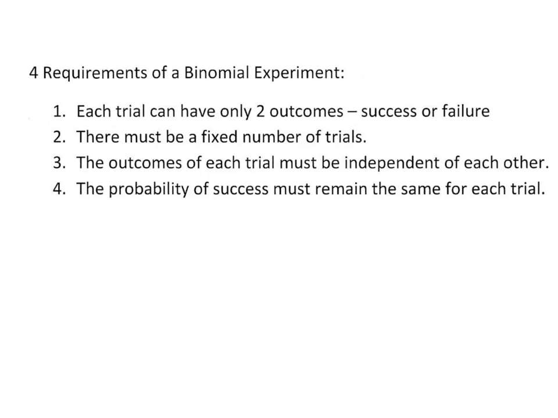So 3 and 4 are kind of related. In order to be independent of each other, the outcome is not affected, which means the probabilities will have to stay the same for each trial. The probabilities for trial 1 will remain the same for the probabilities of trial 100. Okay. They aren't affected as you move along.